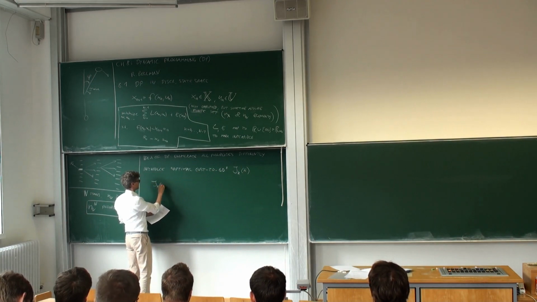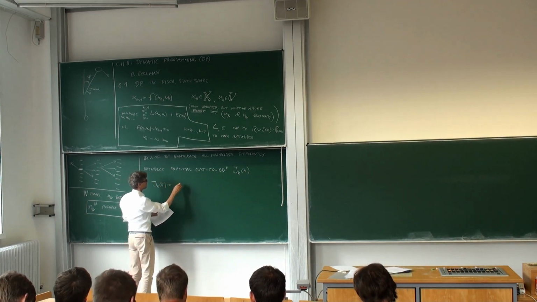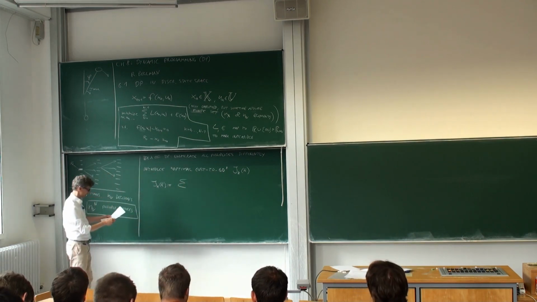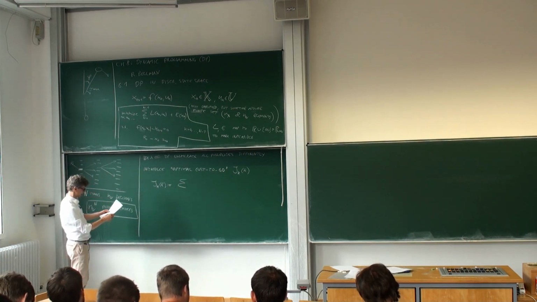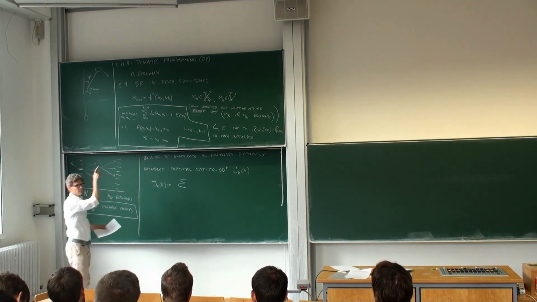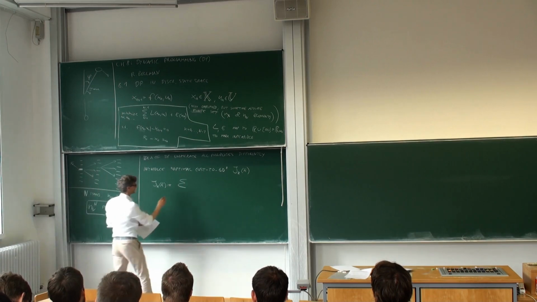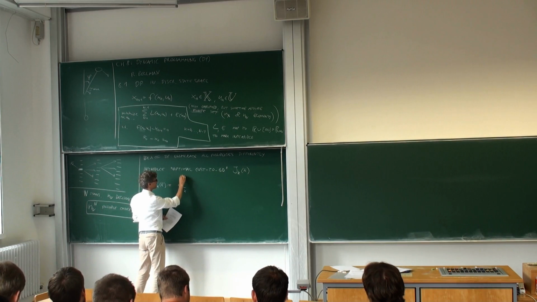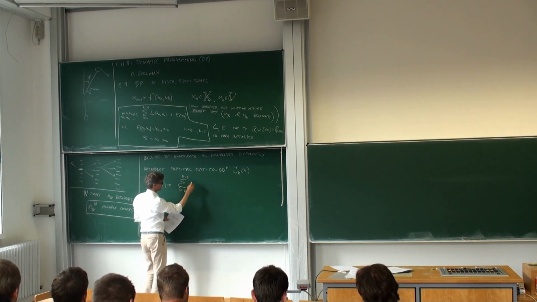Jk of x bar is defined to be the sum. And now please note the index, and I maybe shouldn't use the k here. That's a bit nasty. Now I changed the index there. I used k, I will use i now. So I will start at k, and my running index is called i now.